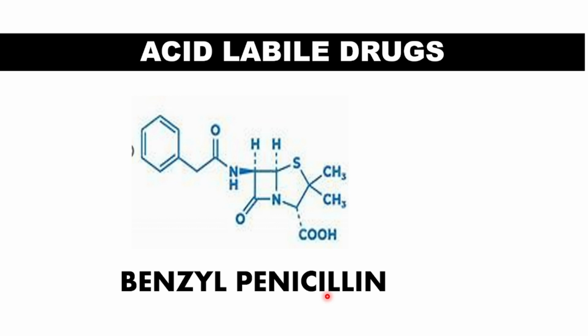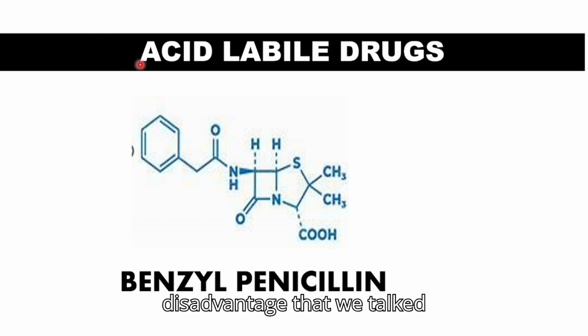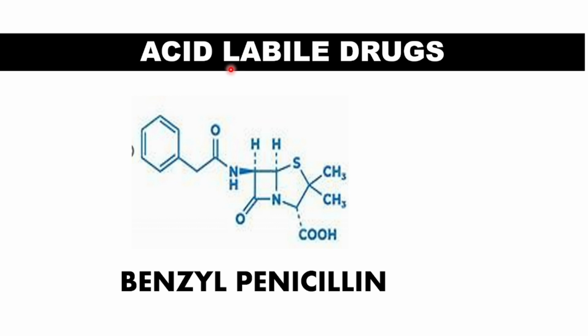The next disadvantage that we talked about was acid labile drugs. A drug is said to be acid labile if it is destroyed in the acidic environment of the GIT.